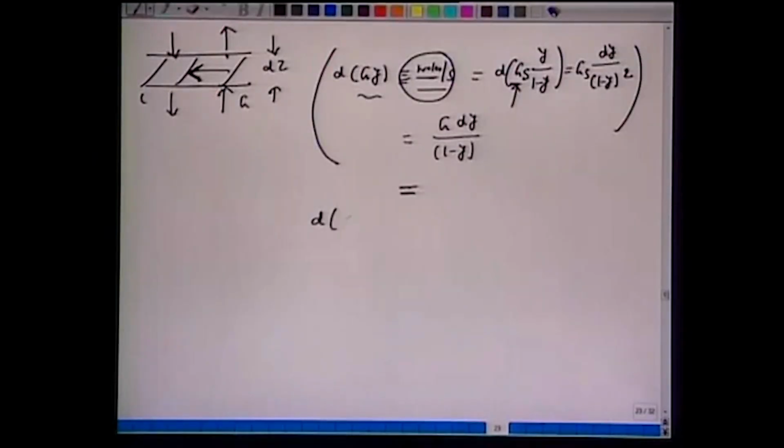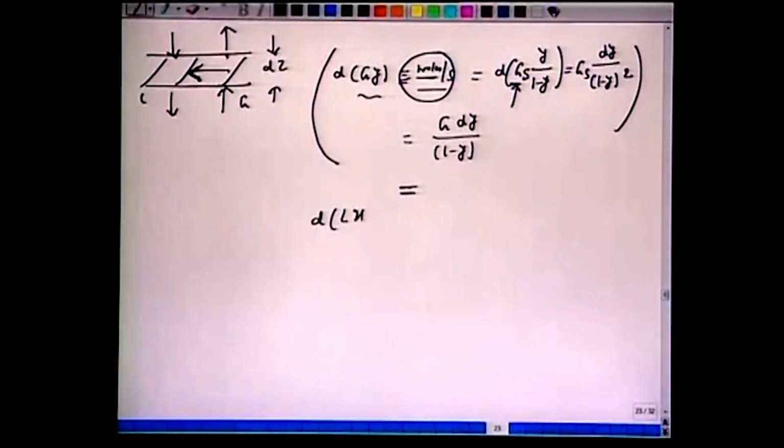That is the balance we are trying to make. The quantity which we have written in terms of the gas phase and the mole fraction y, we should have similar expressions for the liquid phase. So, this also equals, by intuition or otherwise, d(Lx). This is your L, this is your x and this is your y. d(Lx) is also moles per second. This will also be equal to d(Ls x/(1 minus x)).